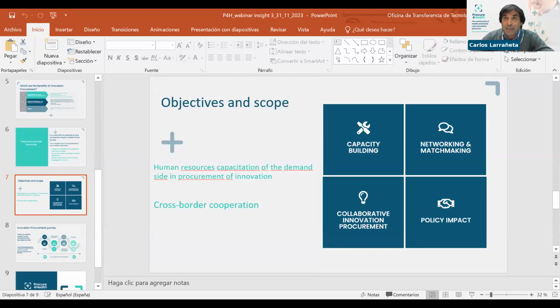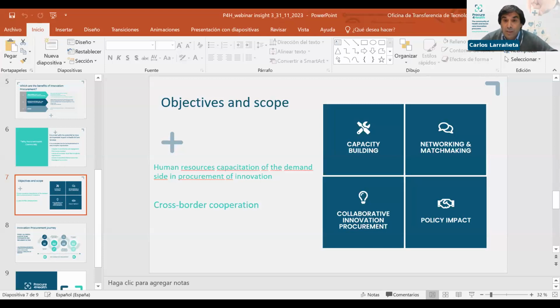preparing, building up the capacities of the demand side of innovation in order to tackle these projects. So we're building our capacity. We are fostering cross-border cooperation. Let's try to share risks, funds, and so on in these projects. But we're also trying to shape what we think should be the future of this tool.